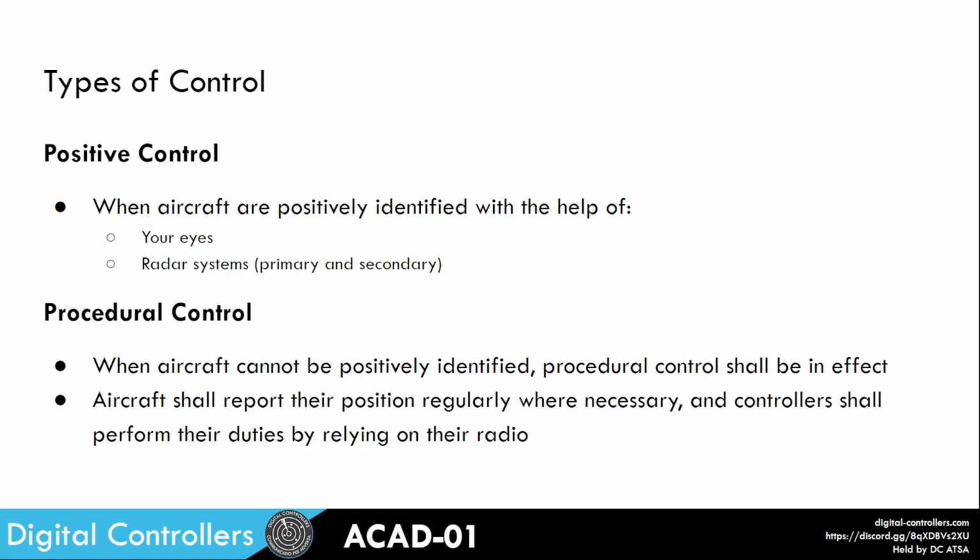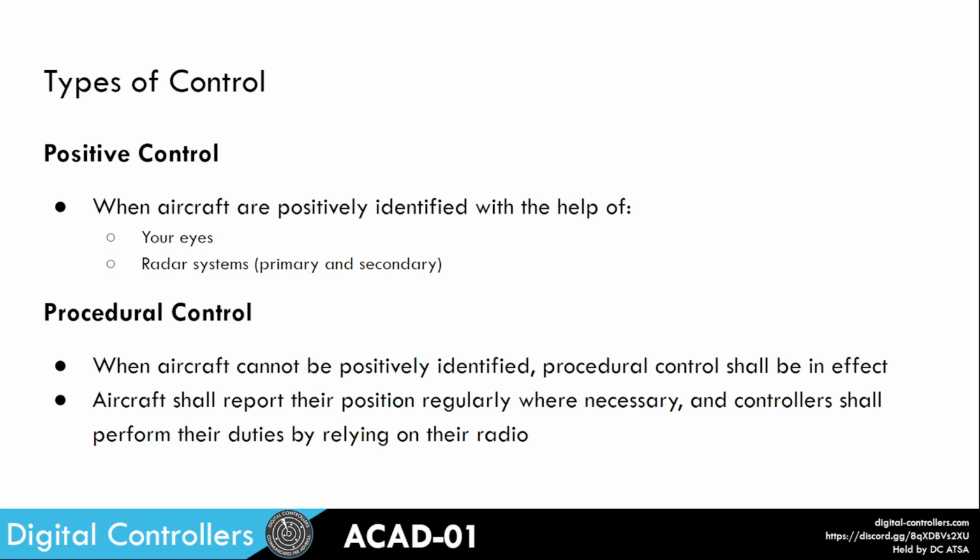So we can do this either using your eyes in the real world, or DCS's F11 camera, or F2 maybe, something like that. Or using radar systems. We tend to use LOT ATC for this currently in DCS, and this simulates both primary and secondary surveillance radar.